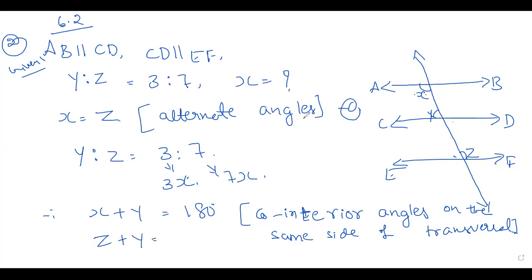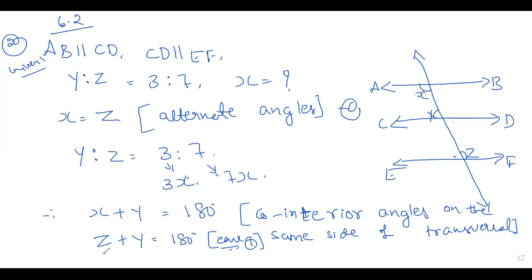See, what is equation 1 here? It is x is equal to z, right? So in place of x, I am writing z here, 180 degree. So that is equation 1. From equation 1, I have written z in place of x. That is z plus y is equal to 180. What is z here? Y is 3x and z is 7x.